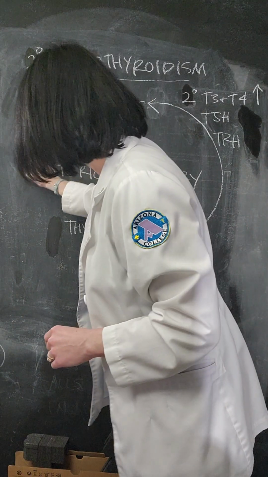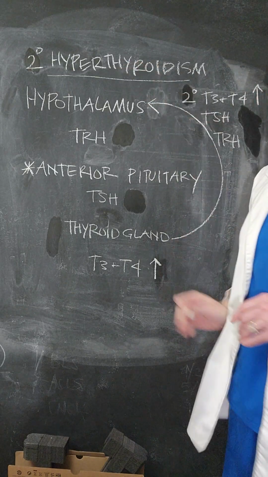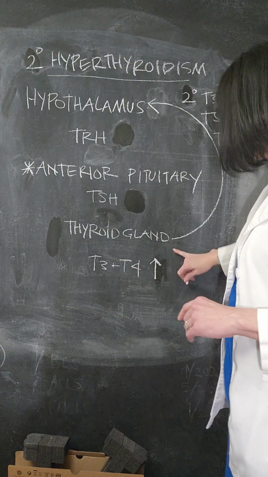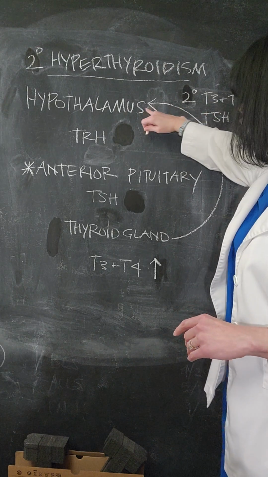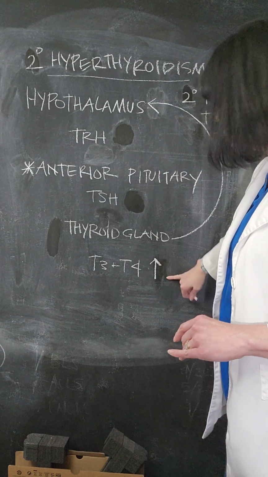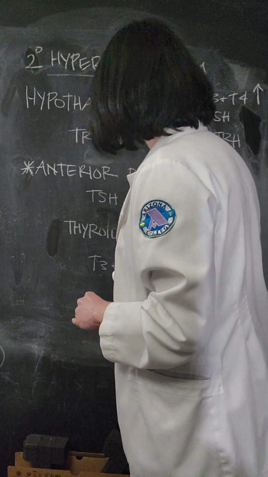Our problem is now in the anterior pituitary gland itself. So again, we are hyperthyroid, so no matter what, T3 and T4 will be increased. That negative feedback is sent to the hypothalamus. The hypothalamus goes, hey, we have too much T3 and T4 in the body system. Let's decrease the thyroid releasing hormone.